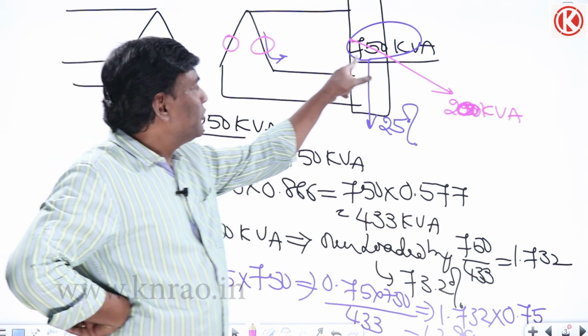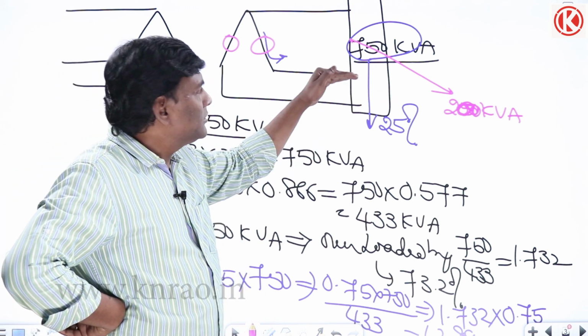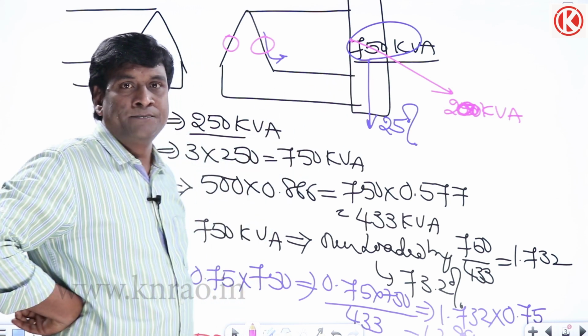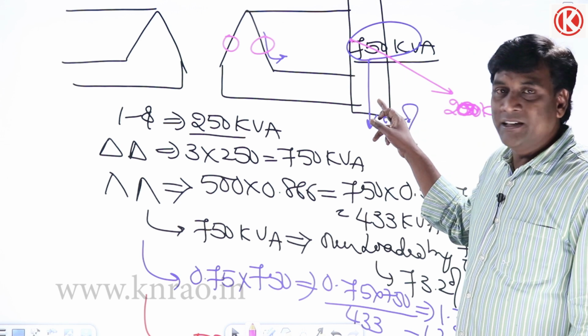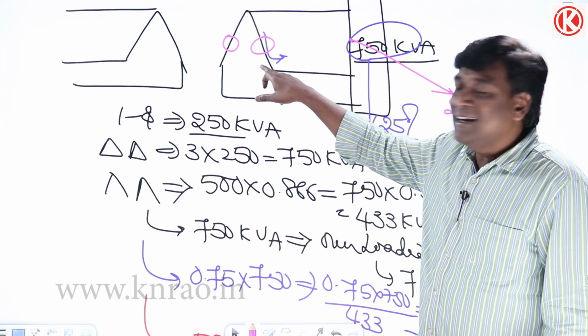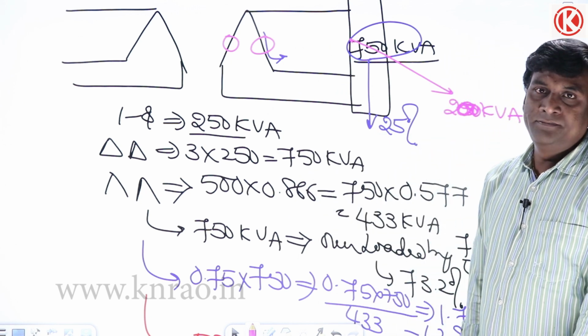Because if I think of 500 kVA here, or let us think of 433 kVA here, this transformer is delivering 250 kVA, this transformer is delivering 250 kVA.